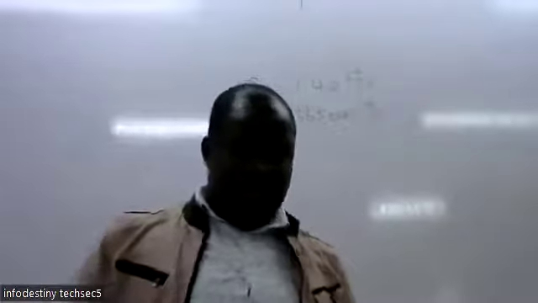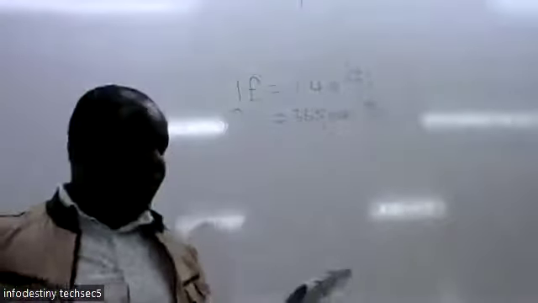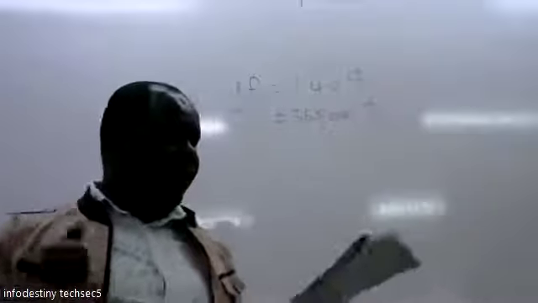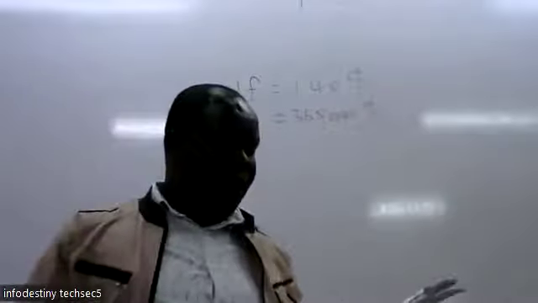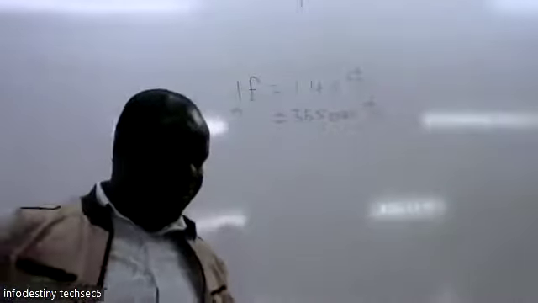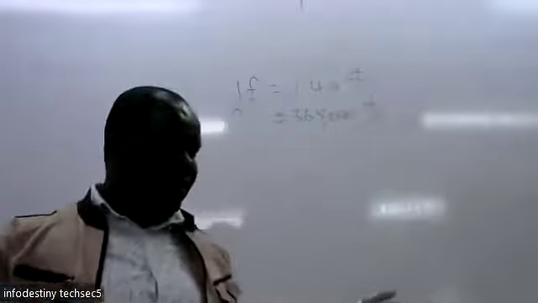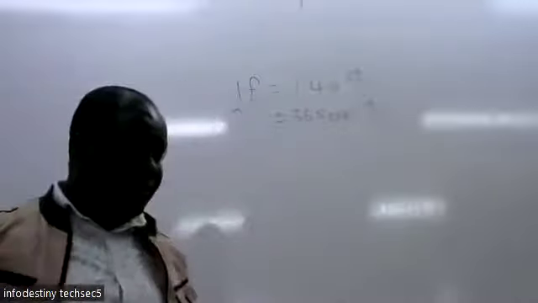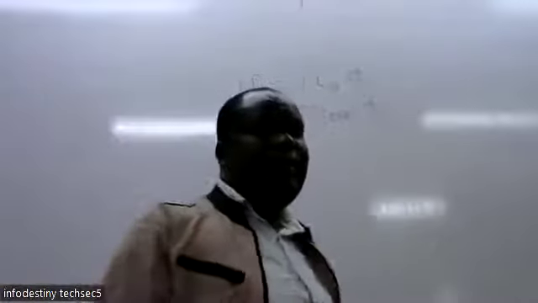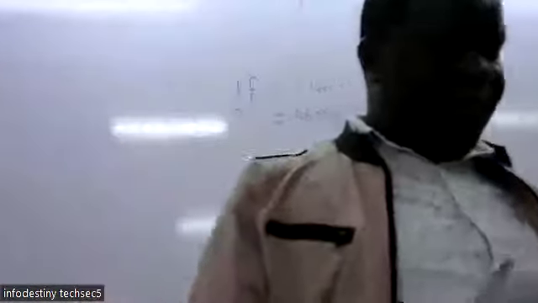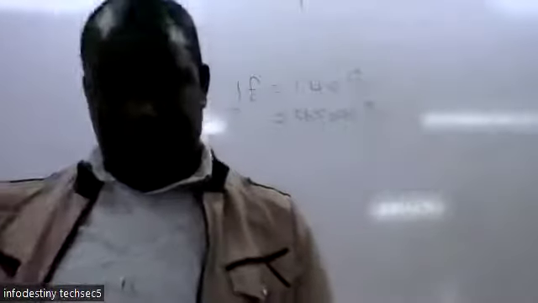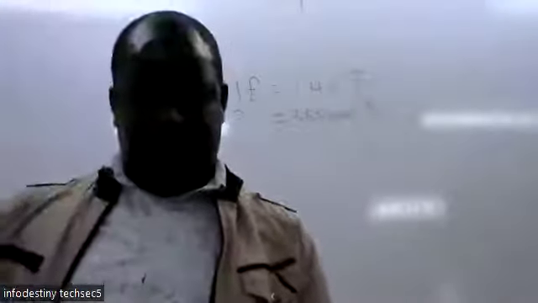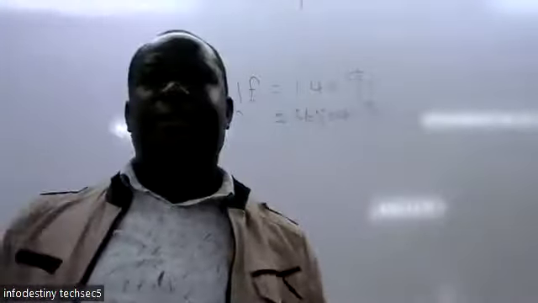Required: part 1, determine whether the forward market, money market hedge or the currency option hedge will be the most appropriate hedging strategy for the company. And part 2, advise a prospective investor on the most appropriate hedging strategy if no hedging takes place.